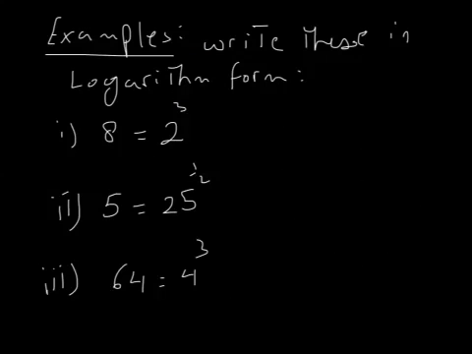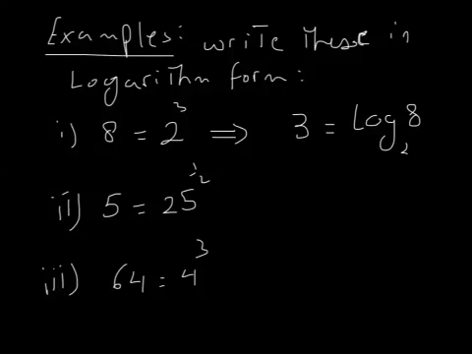We're going to do some examples of how to change from index form to logarithm. The question would be saying write these in logarithm form. As we know, 2 to the power 3 is equal to 8, so that should be written as 3 is equal to log 8 base 2, and vice versa.